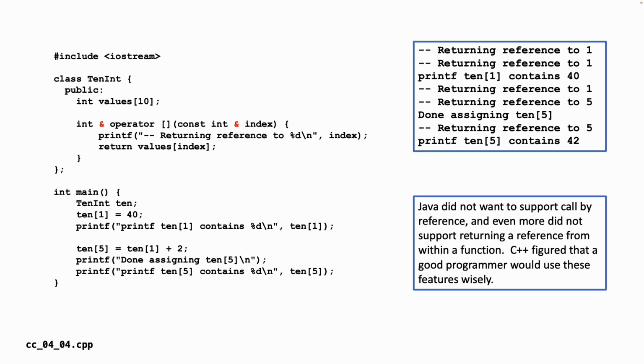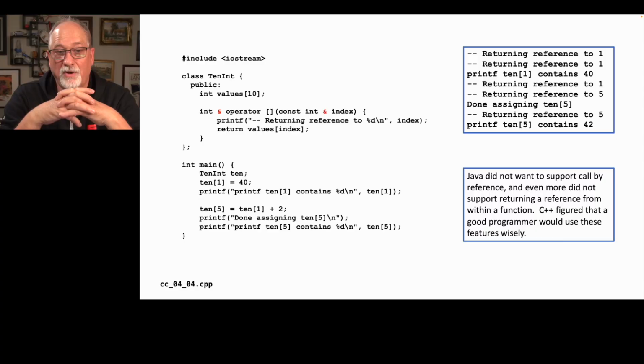And then we say ten sub 5 equals ten sub 1 plus 2, and now we see ten sub 1 on the right-hand side of an assignment statement, which calls that same code in the operator brackets method within the class, passing in the 1, returning the reference to values sub 1, but then that reference is just 40, and then we add 2 to it, and then we assign it into ten sub 5, which is again calling the int operator method to get a reference to values sub 5. And that assignment happens.